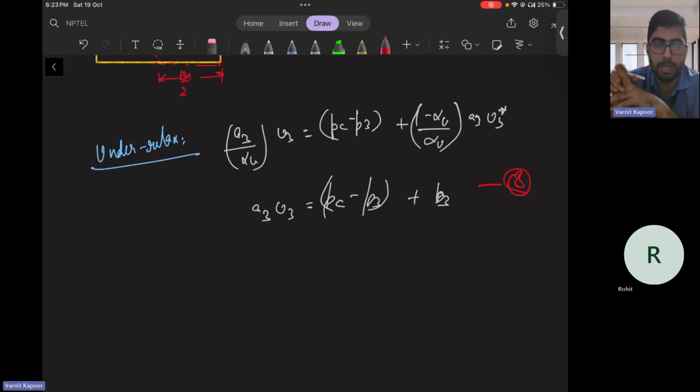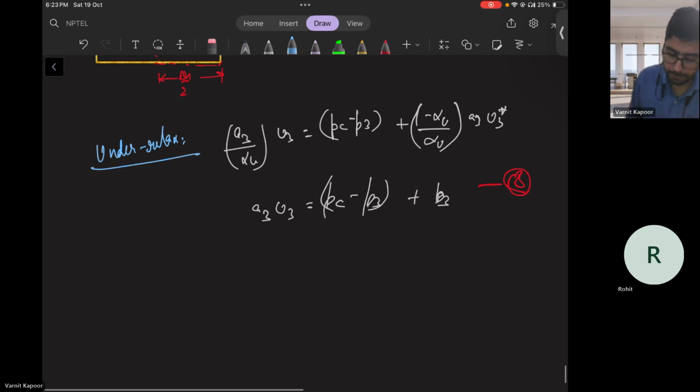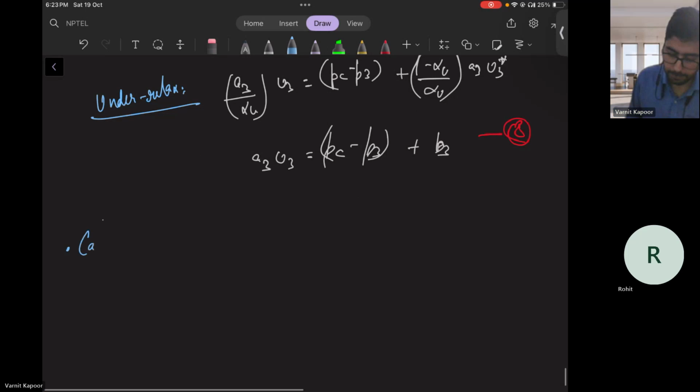Essentially, once you have written the discrete momentum equation, you can solve for them and calculate the hat velocities.